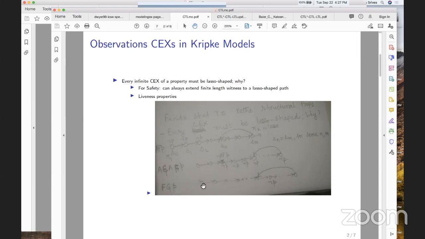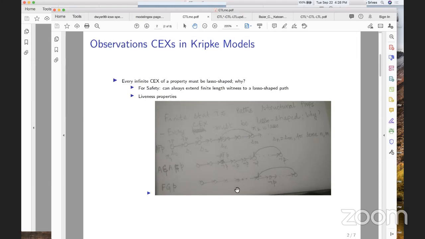So a violation of that will be that eventually there must be a loop. This G of P can be violated only if there is some loop in which not P is infinitely often true. And something can be infinitely often true if you can find a loop in which not P is true, which means that P cannot be true forever.